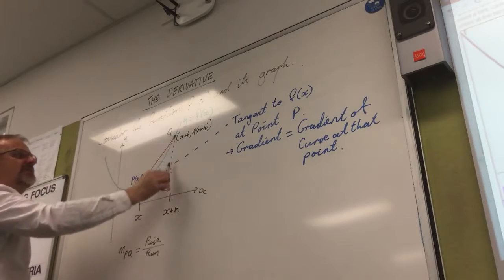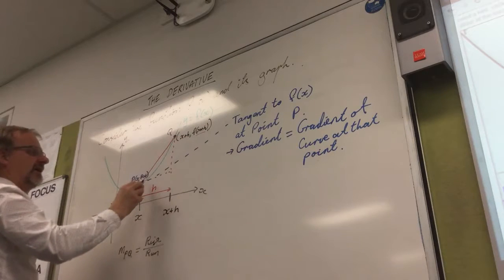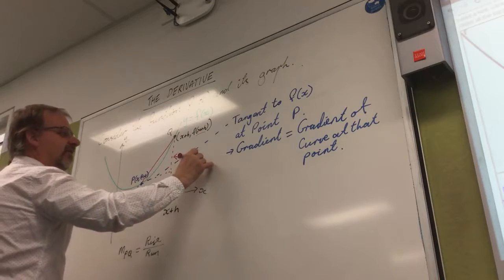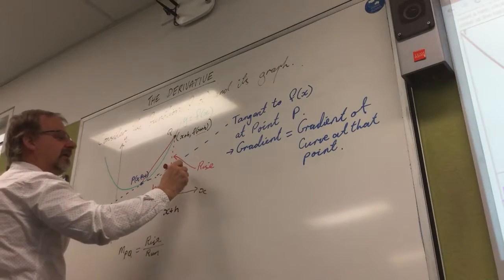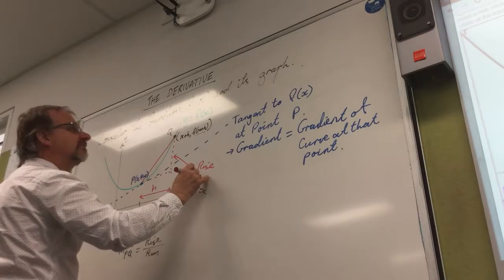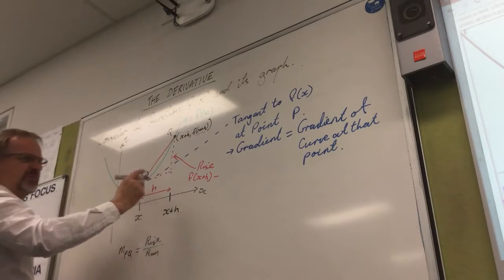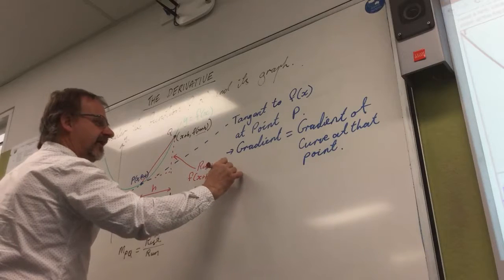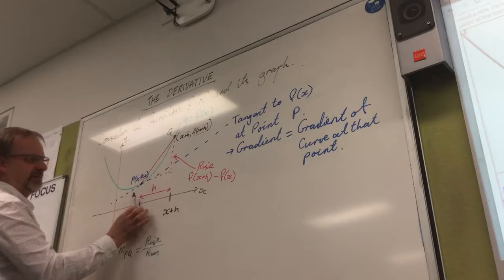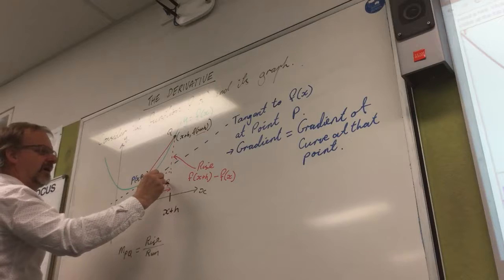Our rise is this bit, and this bit here, of course, is the difference in our y coordinates. So that length there, our rise, would be the y coordinate at that point, f of x plus h, minus the y coordinate of point P, which is f of x. And our run, well, that's how much our x has changed by, and our x has changed by h.